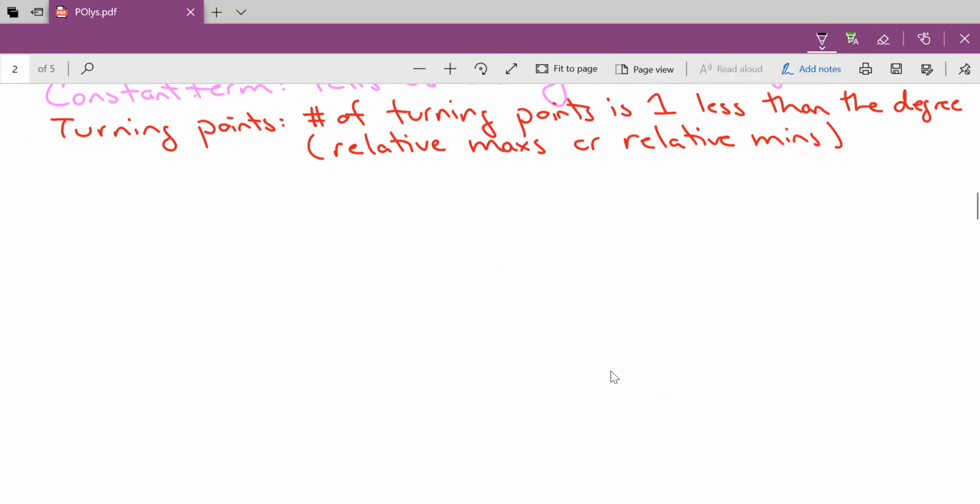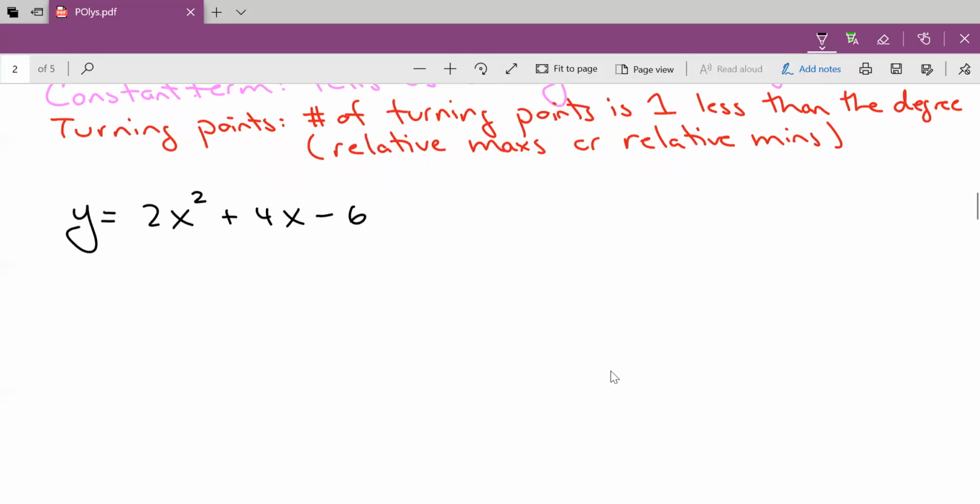Let's say, for instance, I give you something like this. Okay, a graph from grade 11. So nothing too crazy, just a nice graph from grade 11. So here's how I'm going to analyze this.